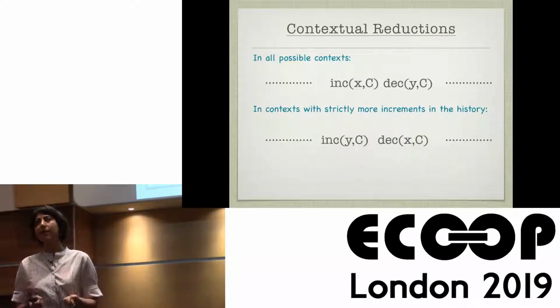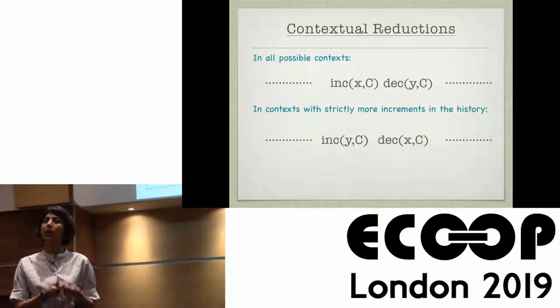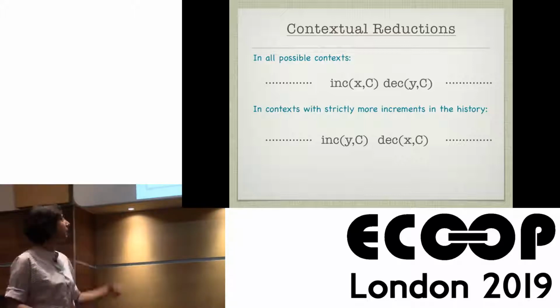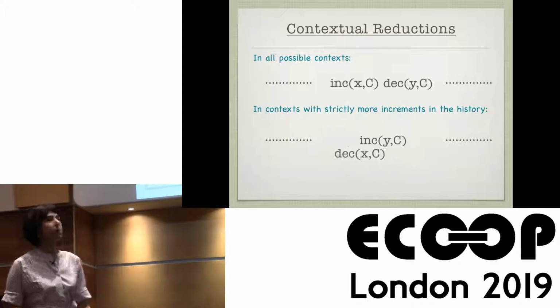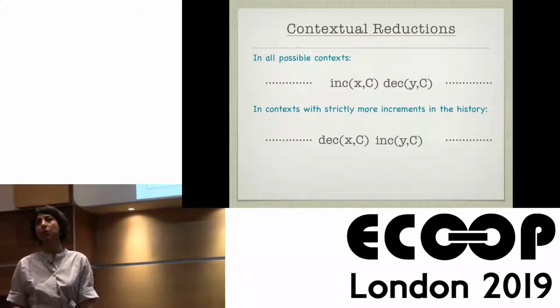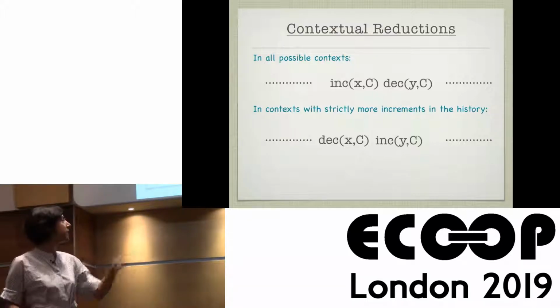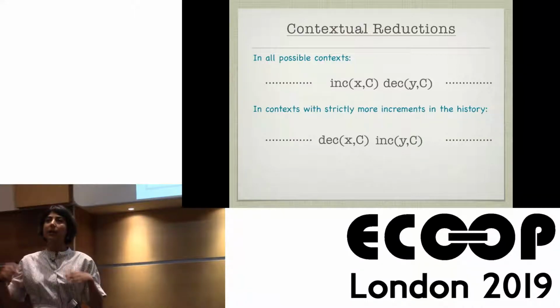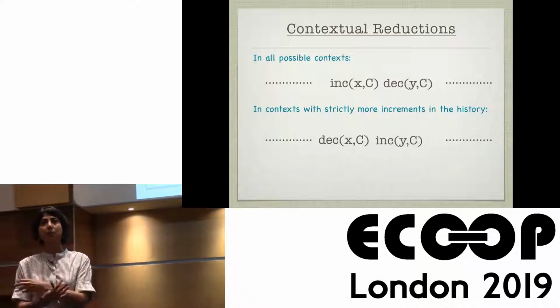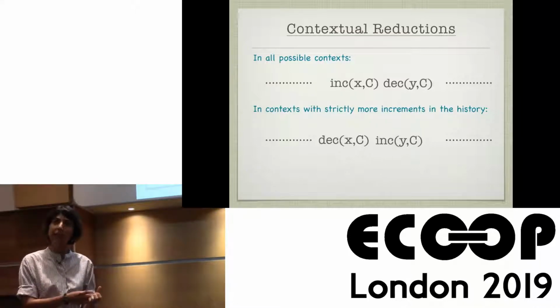If I'm anywhere in the program and in my history I have more increments than decrements, which means the counter has enough value in it, then I know that an increment also commutes to the right of a decrement. So in all contexts, I have the semi-commutativity property. In certain contexts, I have the full commutativity property.